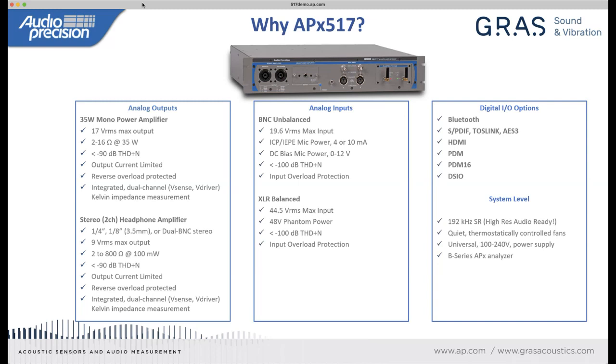And for that, we'll be using specifically one of the BNC analog inputs that can provide CCP, constant current power, for that microphone. On the input side, I realize that this picture shows a Bluetooth module, but what I have physically configured today is a PDM16 input module, which will let us interface directly to the MEMS microphones.